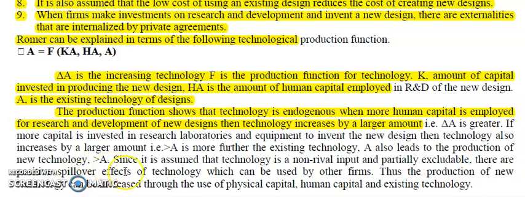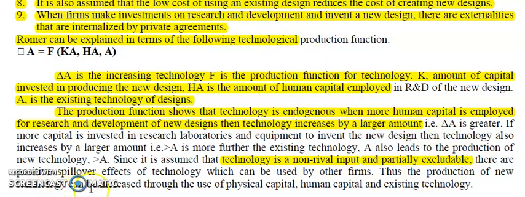A greater A, the existing technology, also leads to the production of new technology, since it is assumed that technology is a non-rival input. Technology is a non-rival input and partially excludable.